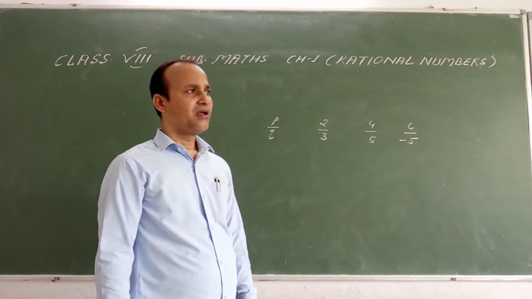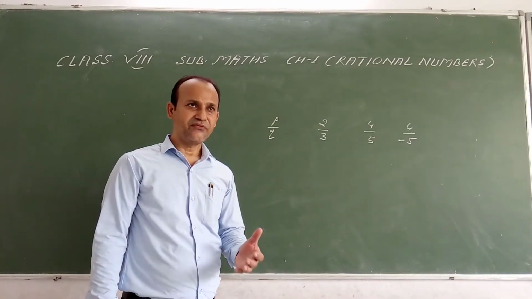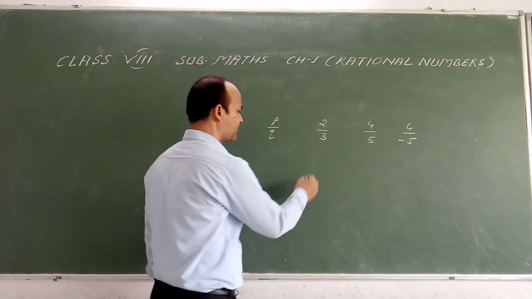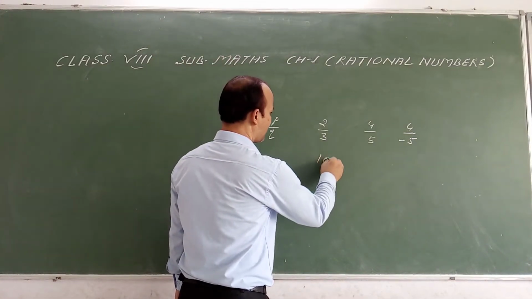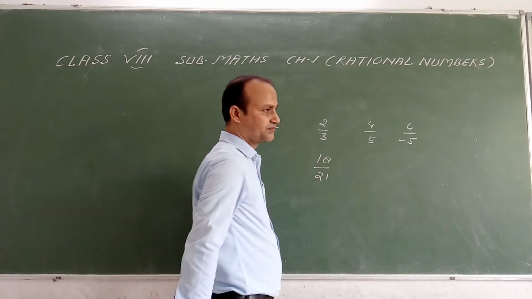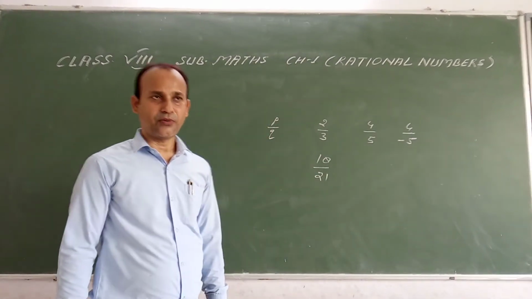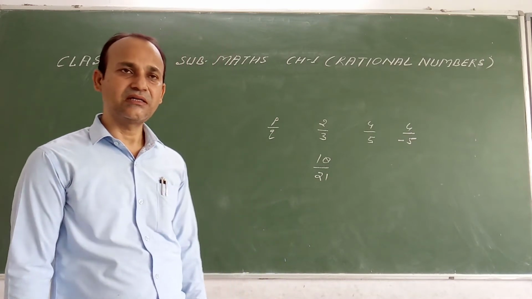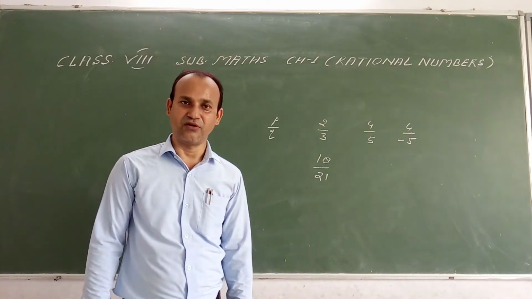Then next, if the number is not in its standard form, like 18 upon 21, 18 upon 21 is not a rational number because it is not in its standard form.